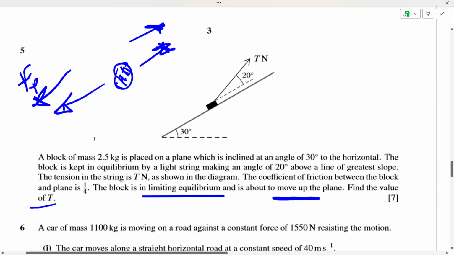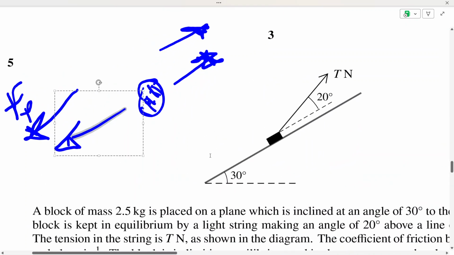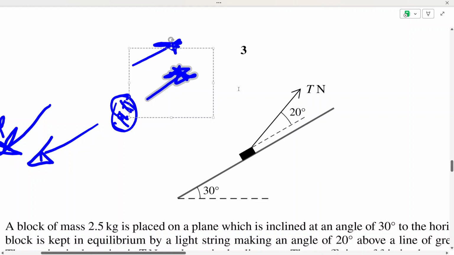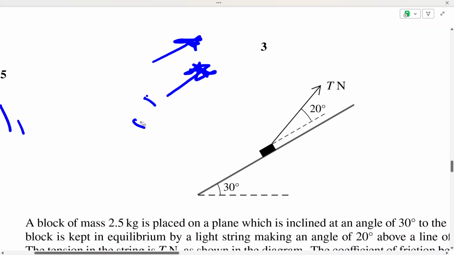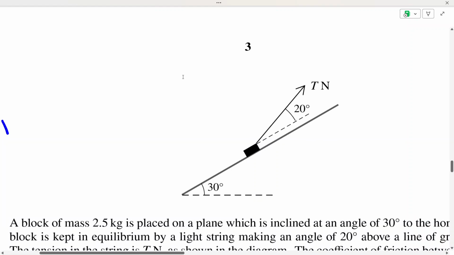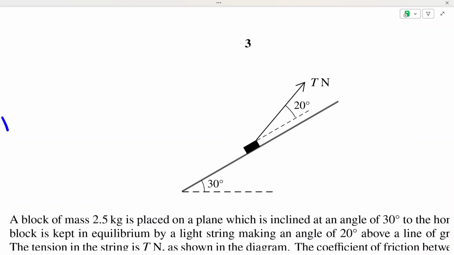So let me zoom in, and I'm just going to draw right on the diagram so that you see what's going on. Just going to get rid of these. So here we're going to have the weight component. We know that weight acts vertically downwards always.